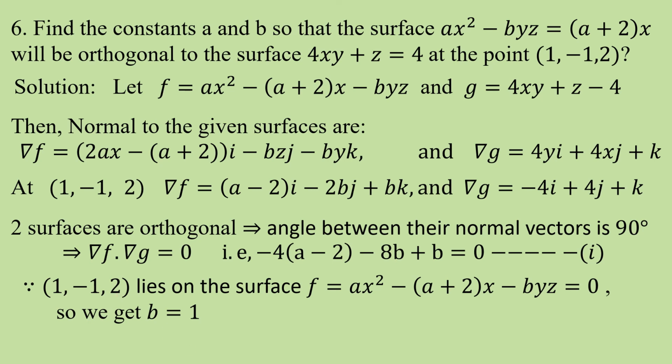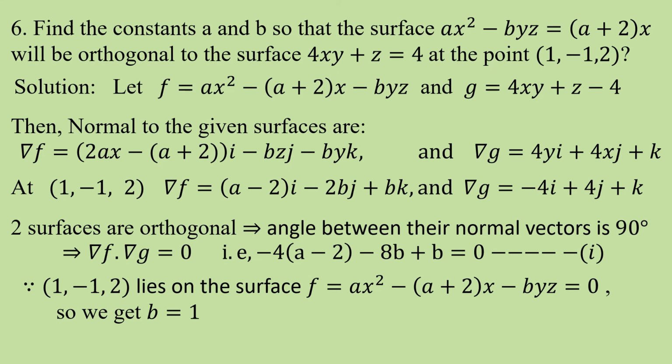(1, -1, 2) lies on the surface f equal to x square minus (a plus 2) times x minus byz equal to 0. That means this point is on the surface, so I can substitute x as 1, y as -1, z as 2 and solve it for b.